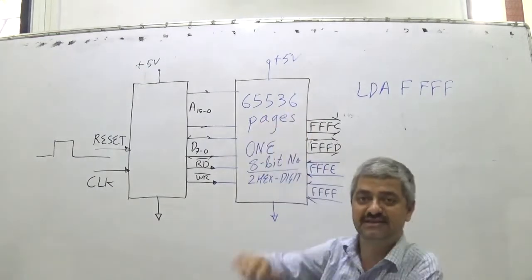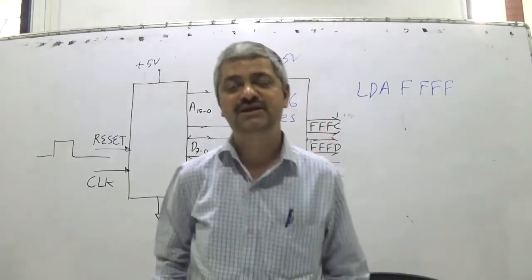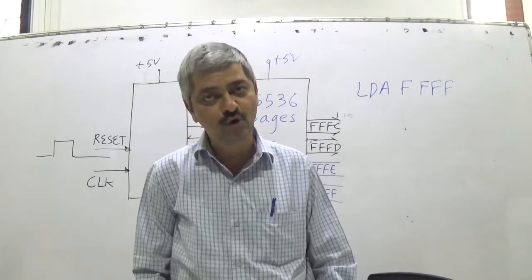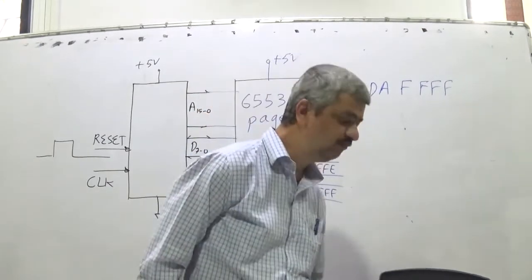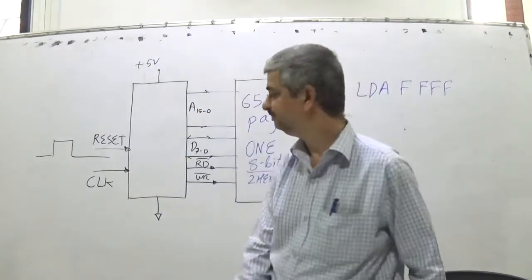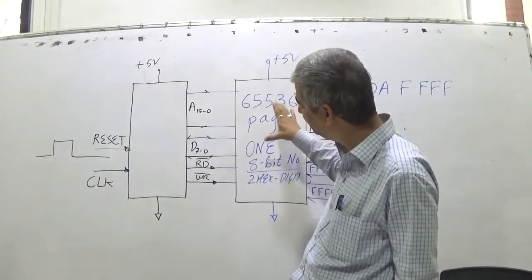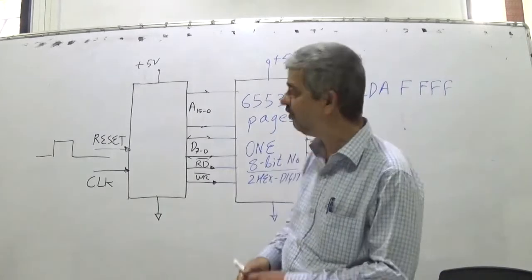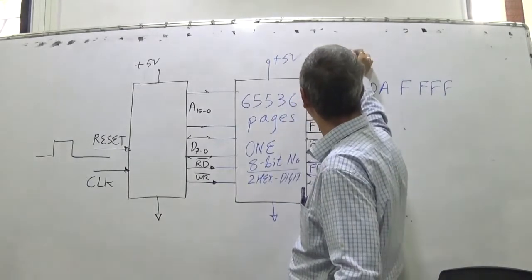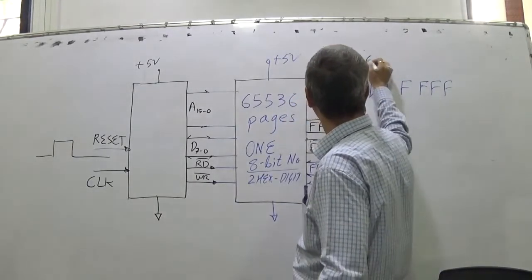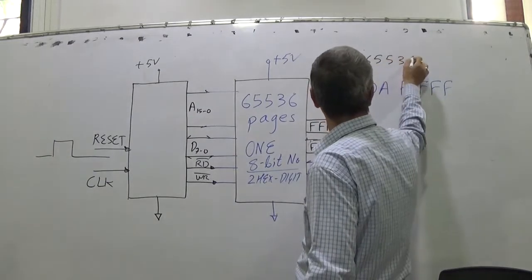So this is a 64K memory which contains 4 memory locations which are I/O ports. 64K means a memory with a capacity of 2 raised to 16, which contains 65,536 locations.